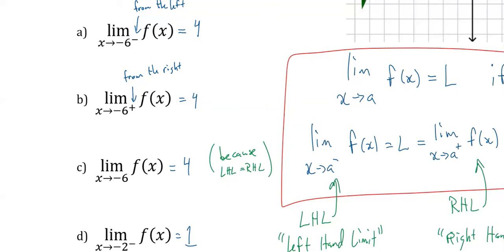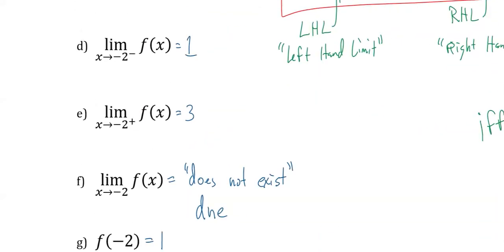Probably a lot of you were like, well, it's probably 4. Like, sir, this is really easy, and I don't understand why we're even talking about this. It seems like grade 9 stuff. But it turns out there's more to it. There was a reason why it equaled 4, because in this case, it did not exist. And again, that was because the left hand limit does not equal the right hand limit. And that's the definition of a limit.